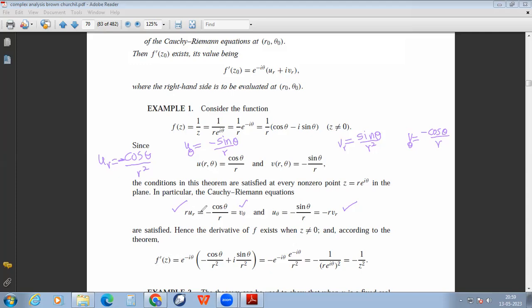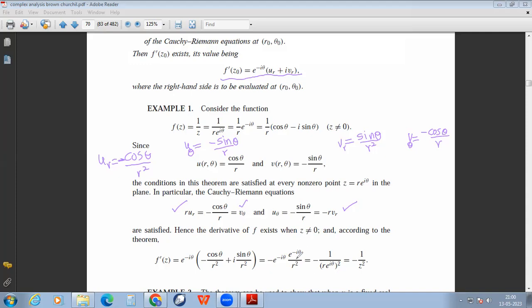According to that formula, you can watch here. What is the formula? e raised to minus i theta times u_r plus i v_r. So you have e raised to minus i theta times the thing. And ultimately, whenever you compute this, 1 by r square is there. There was a minus sign, e raised to minus i theta, and this is again e raised to minus i theta.